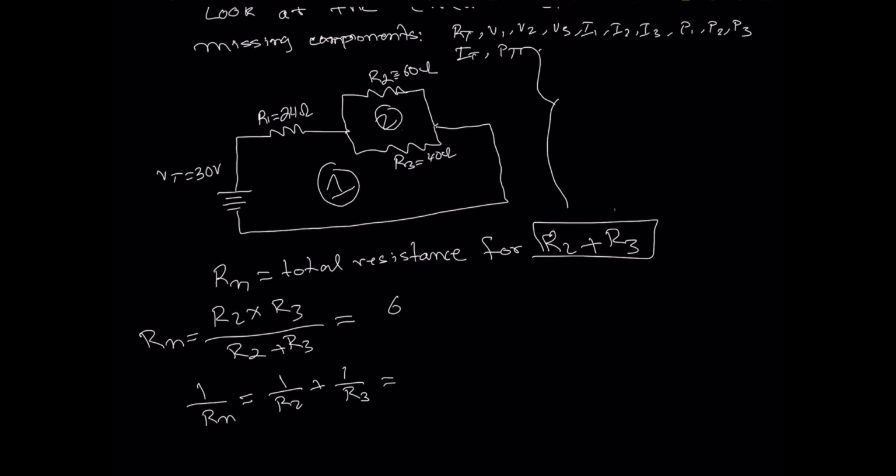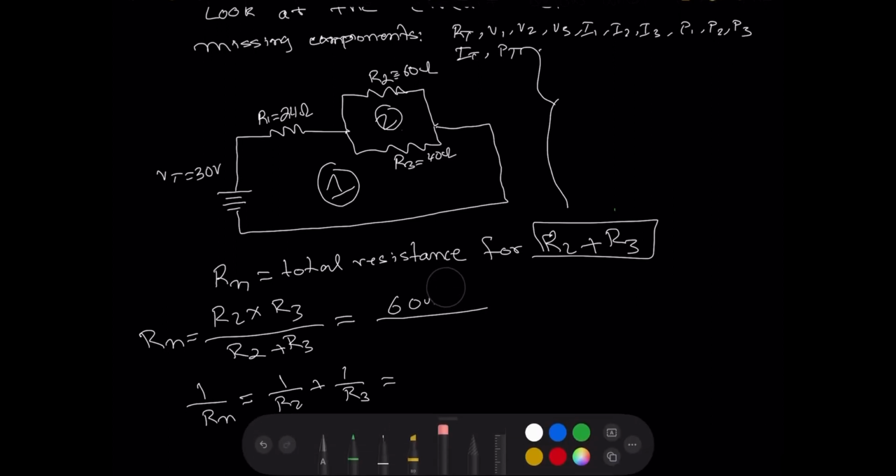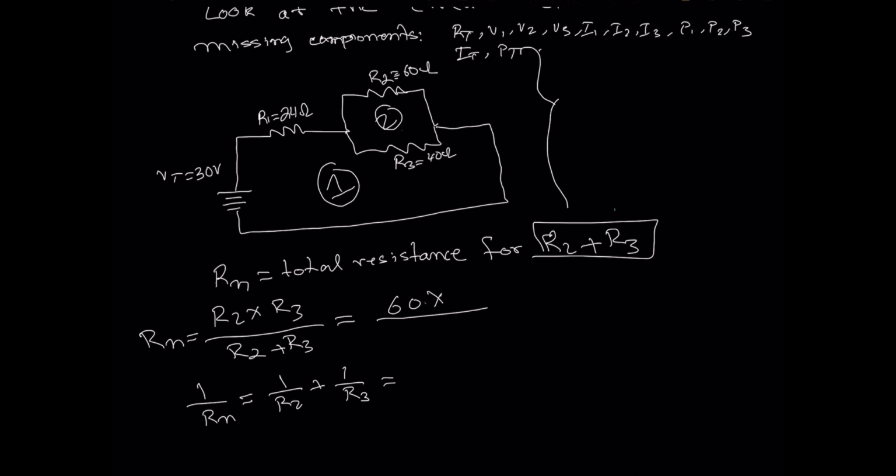R2 is 60 ohm and R3 is 40 ohm. Let's take the units off so there's no complication. This gives 6 times 4 is 24, and we add two zeros, 2400 over 100. You cancel these two zeros, which gives me 24 ohms. So Rn will be 24 ohms.